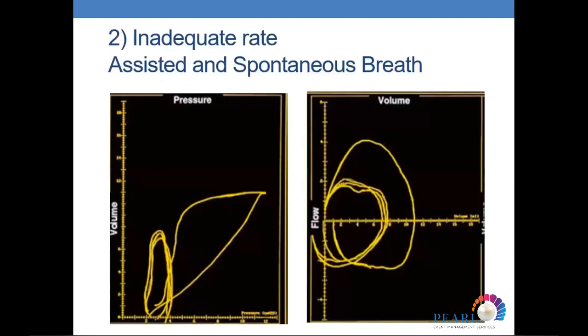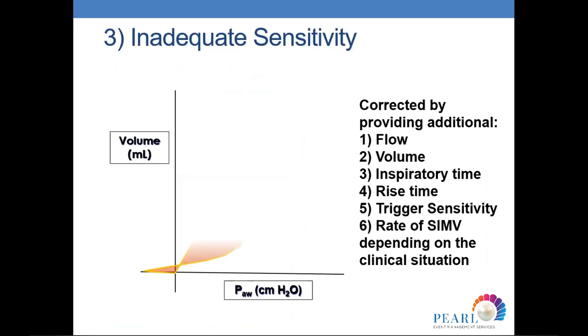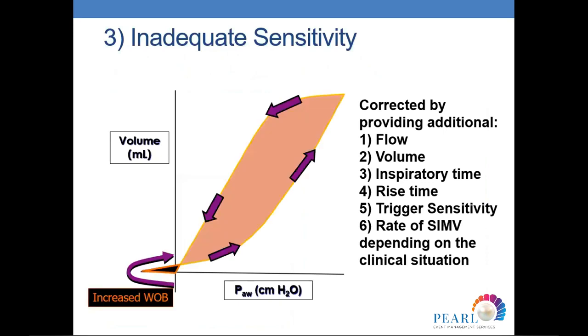You put him on SIMV without pressure support. So the baby himself is doing too much effort, and in between comes the mandatory rate. So it is inadequate rate in SIMV mode, or inadequate sensitivity. The problem is with the trigger; sometimes you set very low sensitivity.